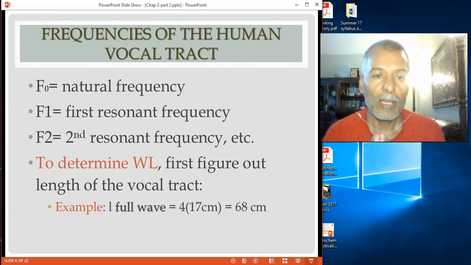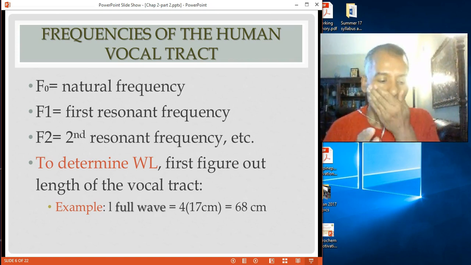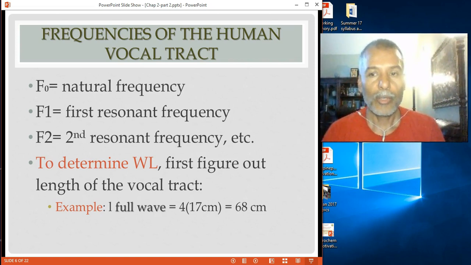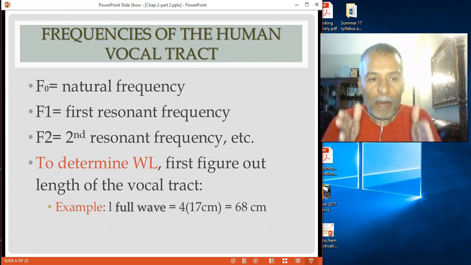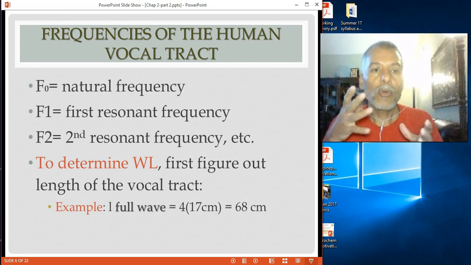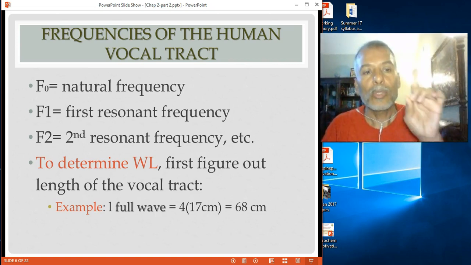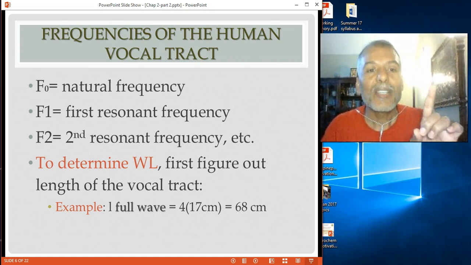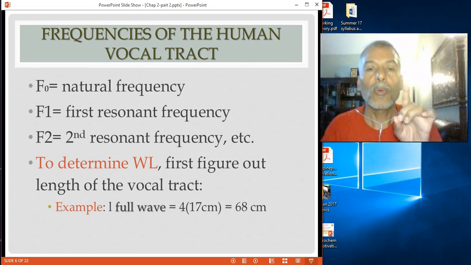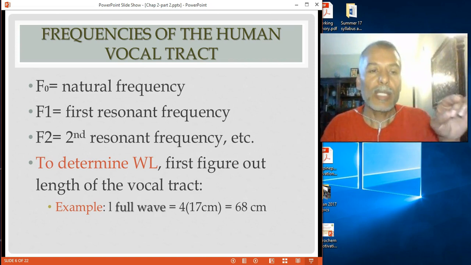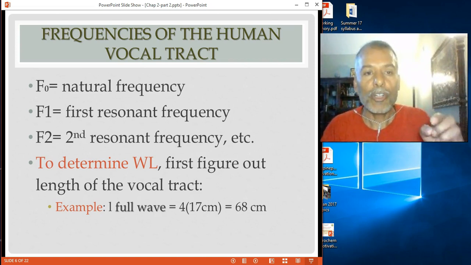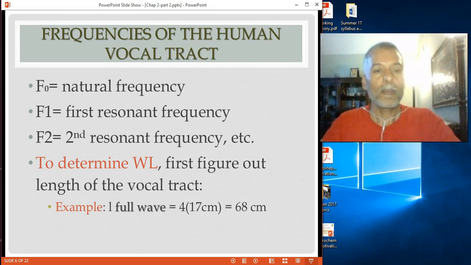I hope you understand this difference, because it is critical when we calculate the resonance of the vocal tract. We no longer look at F0, the fundamental frequency. We look at the first time that the air column in the vocal tract begins to resonate. We use F1, the first resonant frequency, as the basis for our measurement. Everything that comes after it is an integer multiple of the first formant.